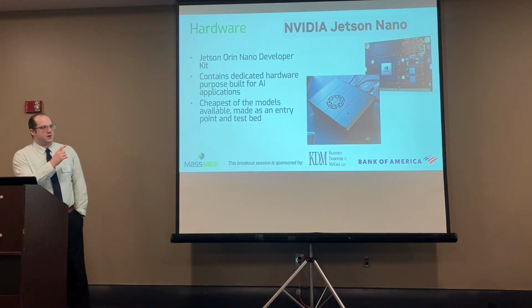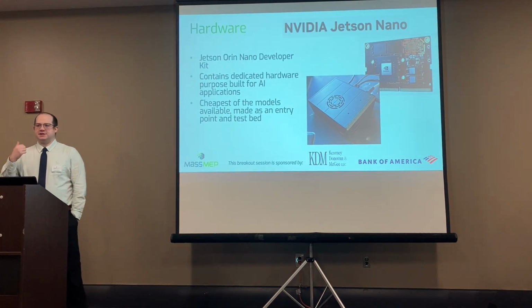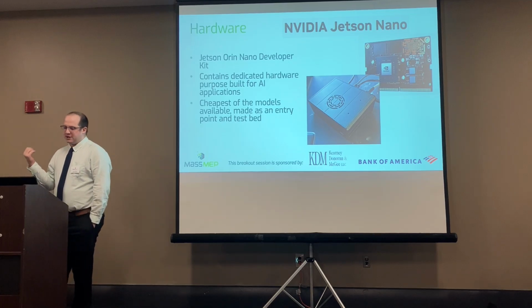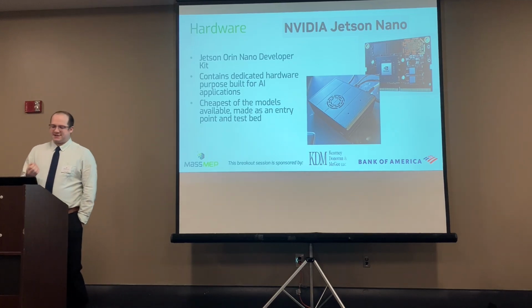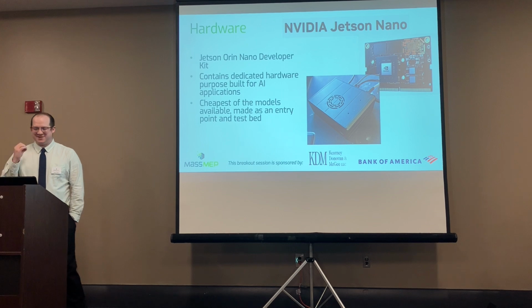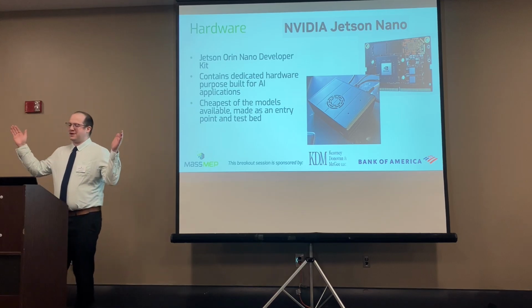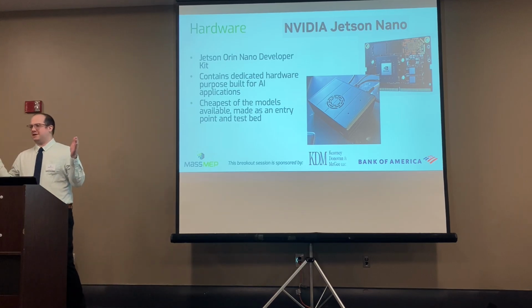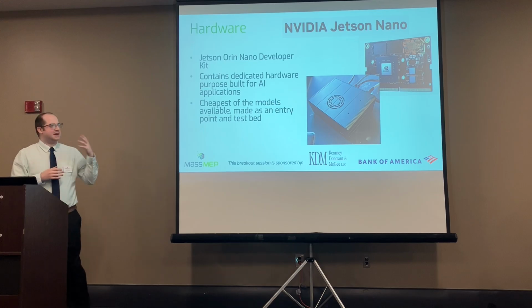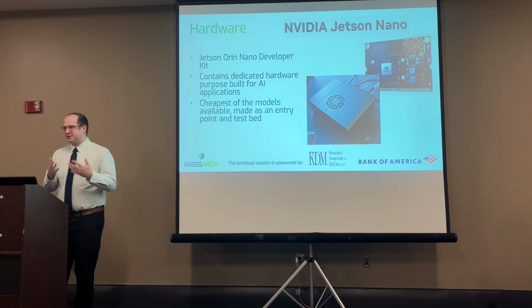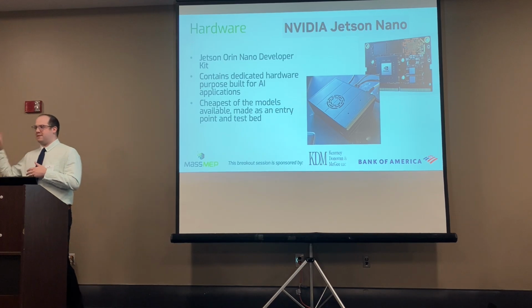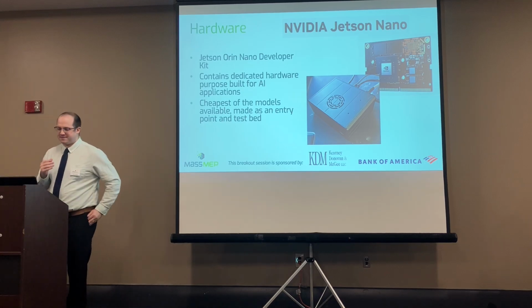So for our hardware, and this is something that Kathy mentioned in her speech earlier, we used an NVIDIA Jetson Nano developer kit. It really rolls off the tongue. They have a very large line of these, and they scale from simple ones that cost a couple $100 to very complicated, very expensive ones that cost $10,000, things like that.